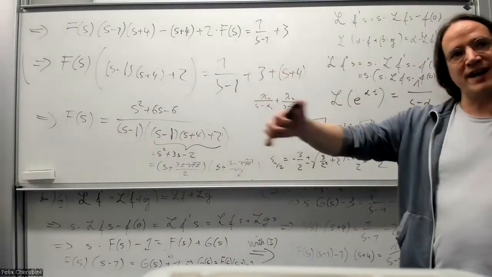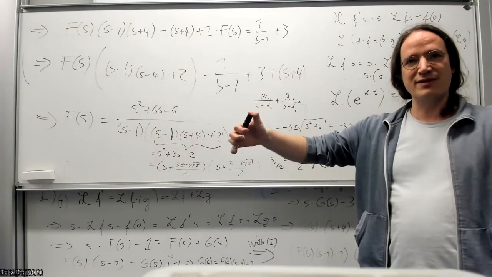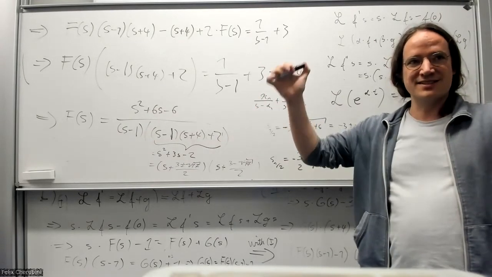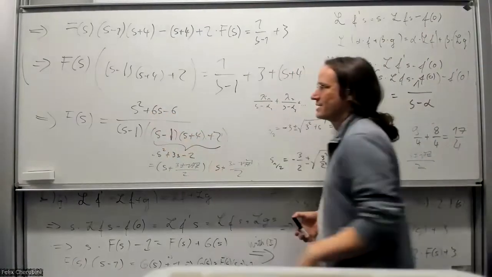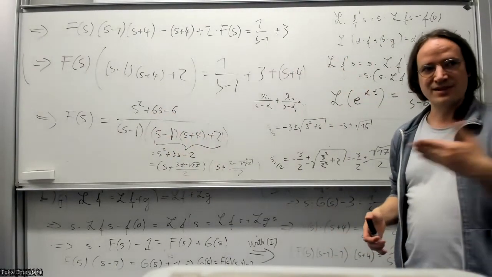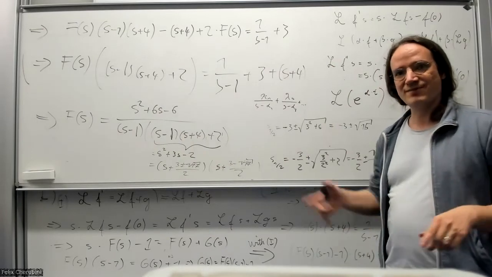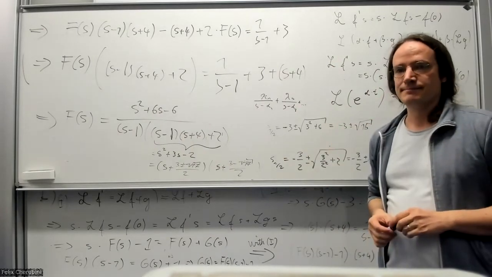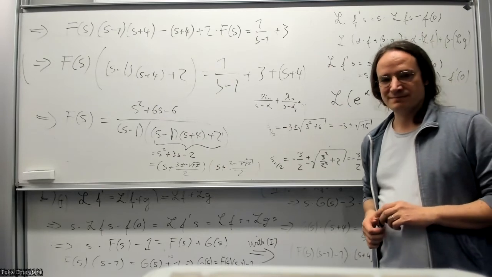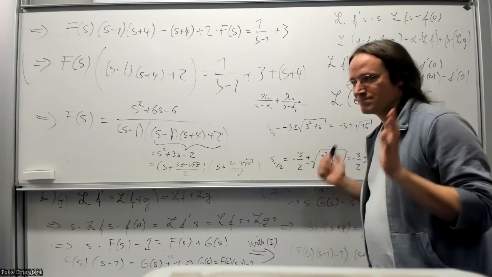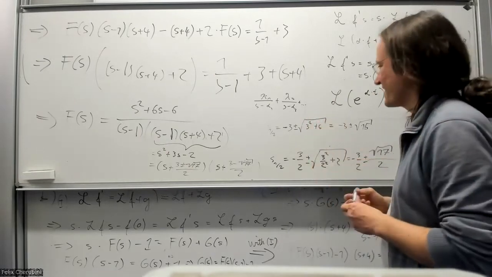But now we have to find a pre-image. So now we have to guess a function such that the Laplace transform is this, because we know it is injective. Okay, makes sense. Yeah, good.